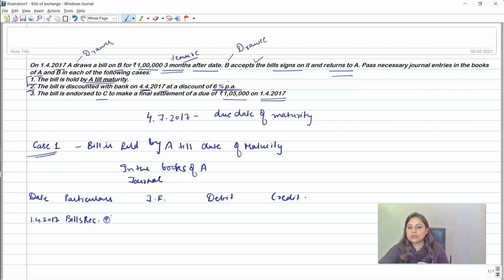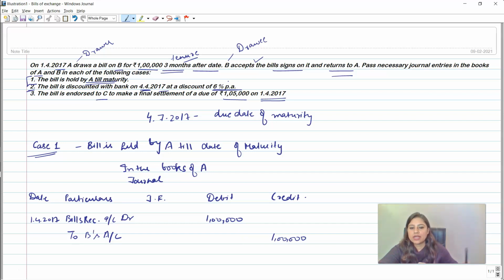So bills receivable account would be debited, and to the drawee, so B's account would be credited, and the amount is going to be 1 lakh.